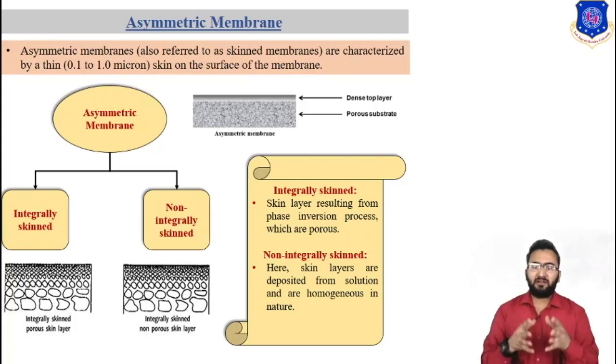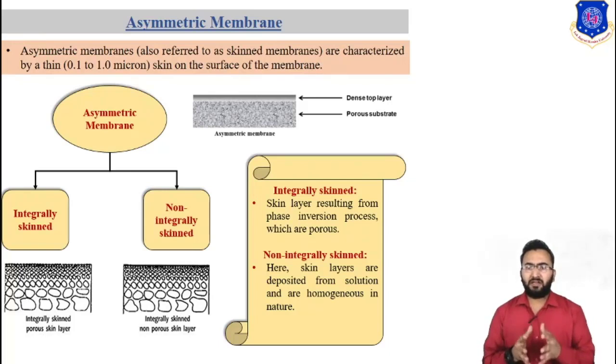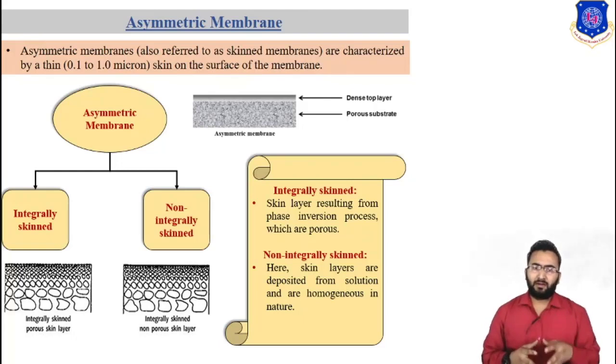Its separation characteristics are determined by the nature of the membrane material or pore size, and the mass transfer rate is determined mainly by the skin thickness. The porous sublayer acts as a support for the thin skin and has little effect on separation characteristics. This is an image of the asymmetric membrane developed by the solution casting method.